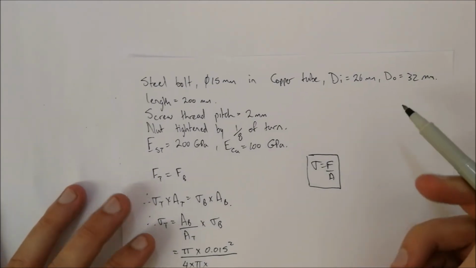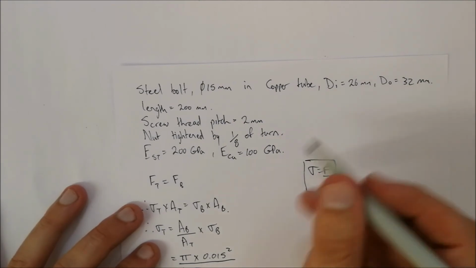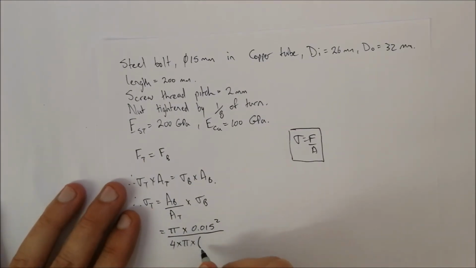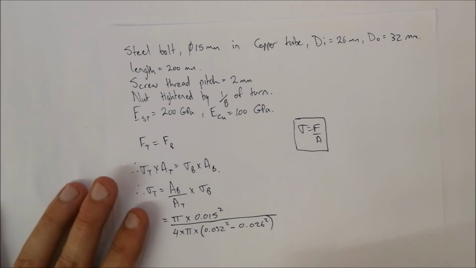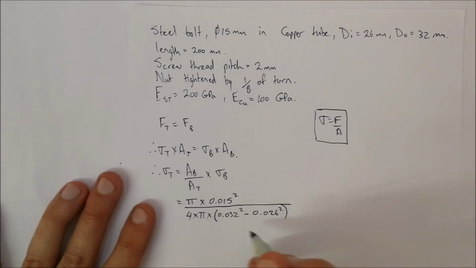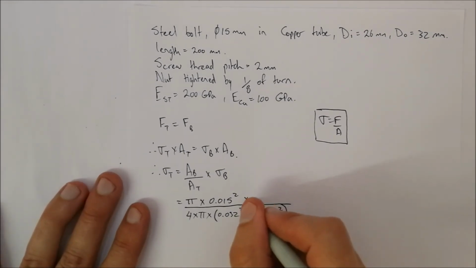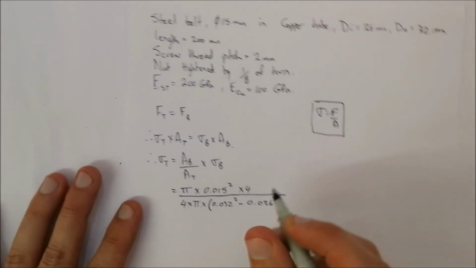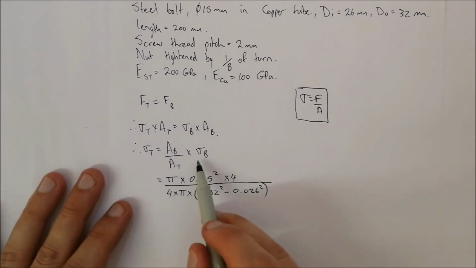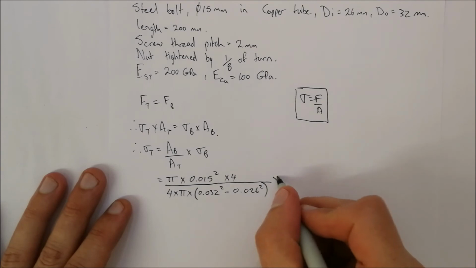Remember, now it's inner and outer diameter we've got to keep into account, so that is outer diameter, which is 0.032 squared minus 0.026 squared. Okay, and then that is all over 4, so we can multiply it by 4 on the top. Right, and that is multiplied by the stress of the bolt.